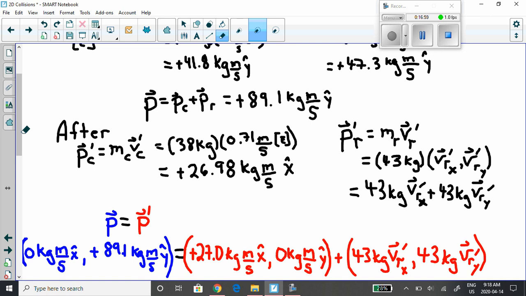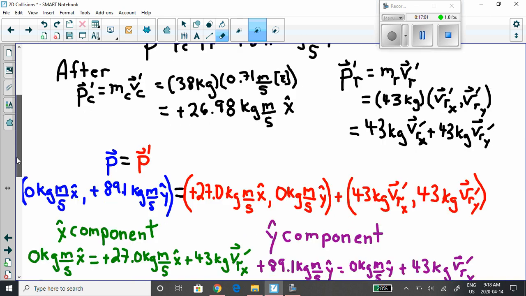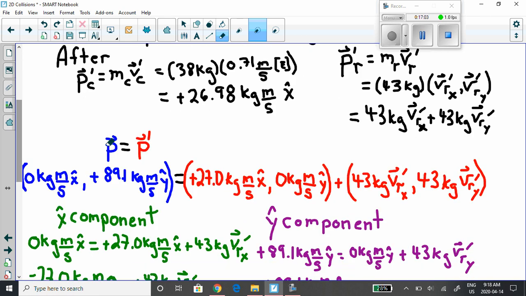What I do know is that momentum has to be conserved. So momentum before the walking has to equal momentum during the walking. And luckily, we already did all that work up here to start substituting in. So here is momentum of the entire system, the total momentum before, and it's all y hat. We just did the calculation for that. There it is beforehand.